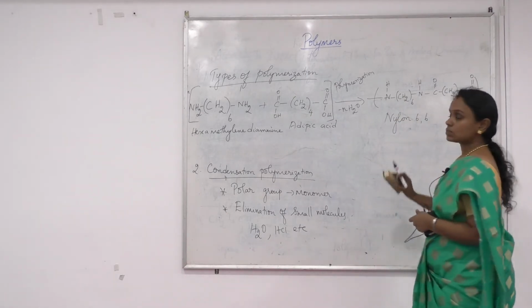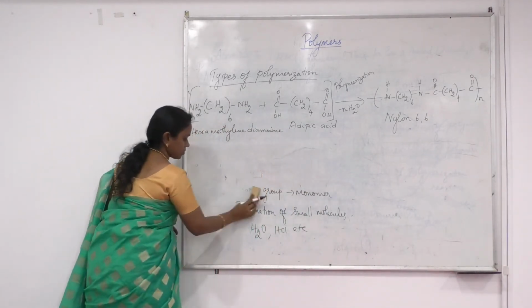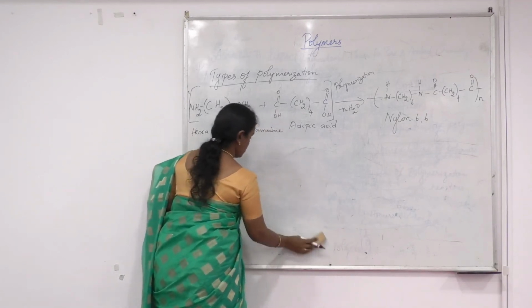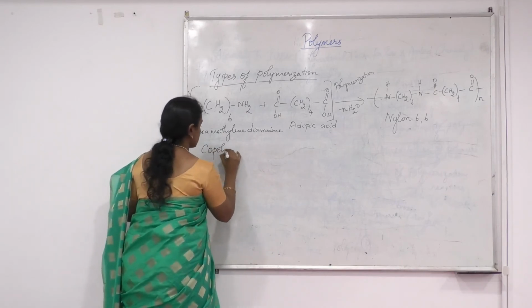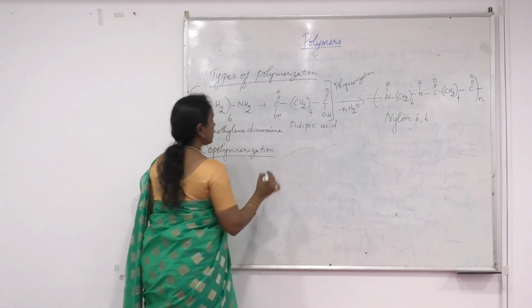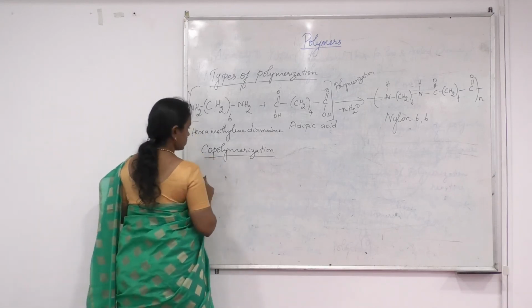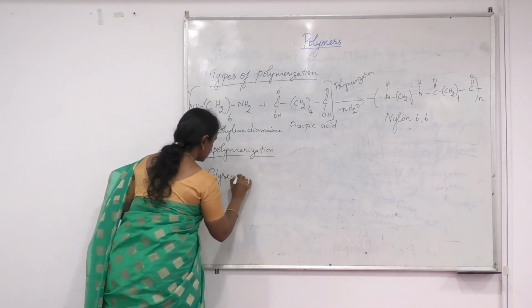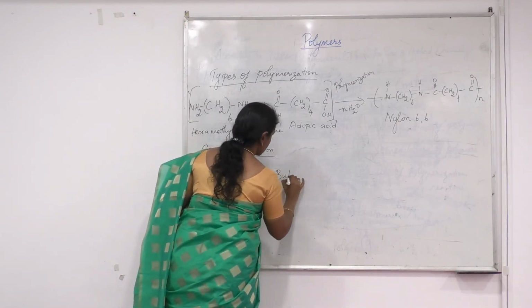So next we will see what is copolymerization. Consider our styrene molecule, styrene and 1,3-butadiene.